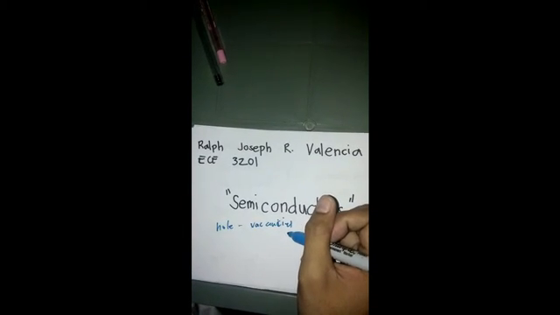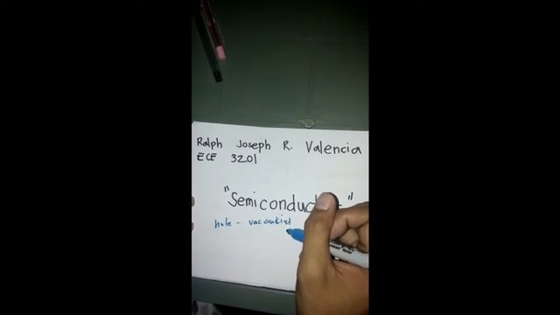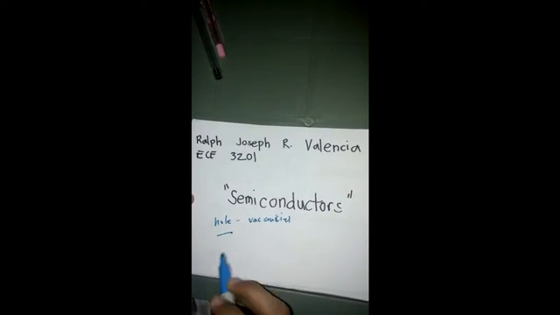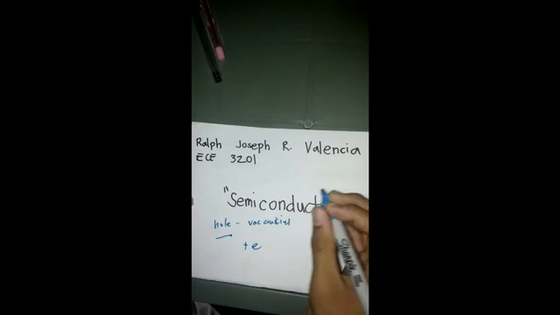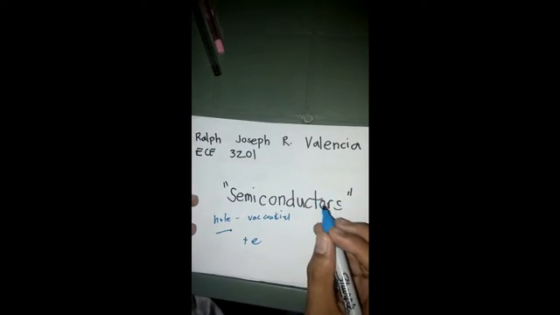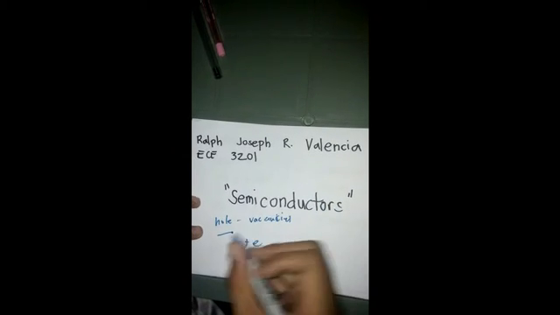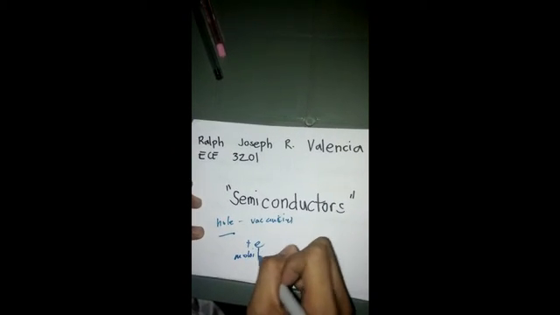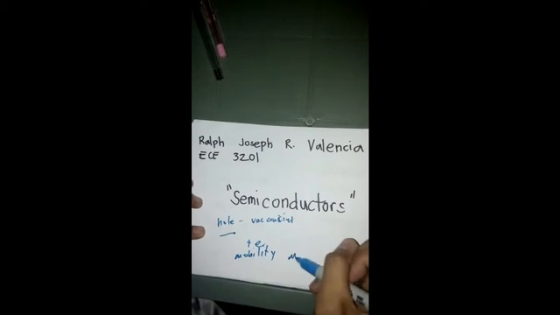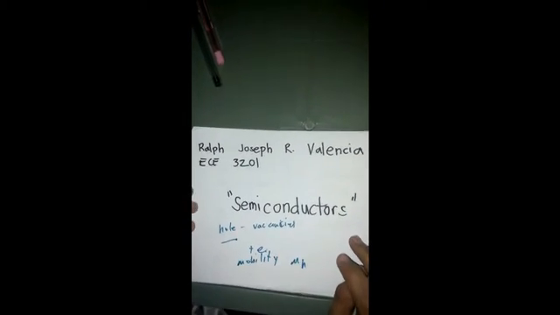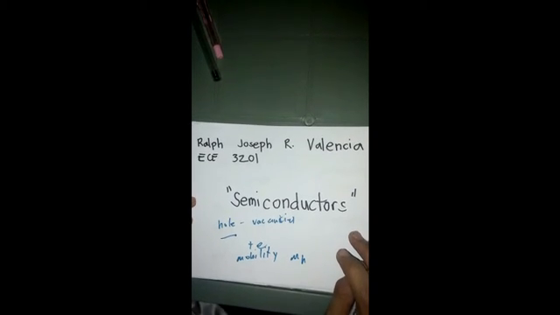The vacancy is called the hole, and many semiconductor properties may be described by treating the hole as if it has a positive charge e, and a mobility of mu h, and an effective mass comparable to that of the electron.